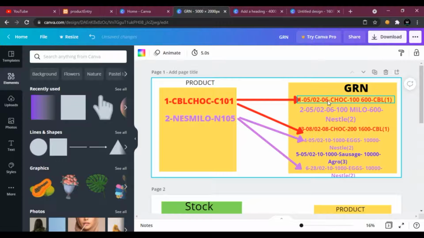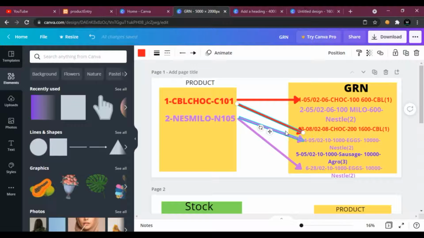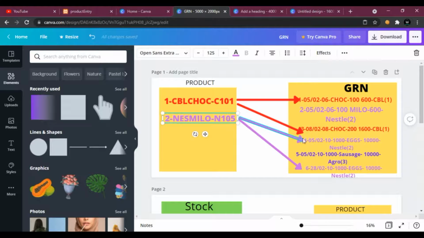So one product called CBL chalk can be in many places in the GRN table. You can see this product here and here.